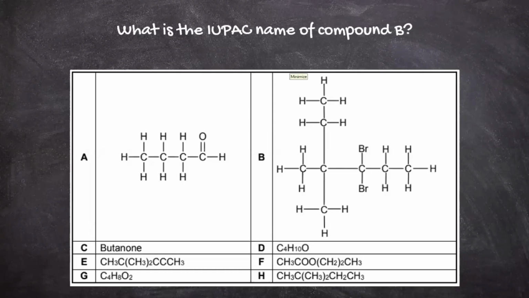When you have branching on any compound, you are always looking for the longest continuous chain. In this situation, if you were counting from the ends of the branches, you would be counting only 4 carbons. Because remember, in a carbon chain, you can't go up and back down a branch.